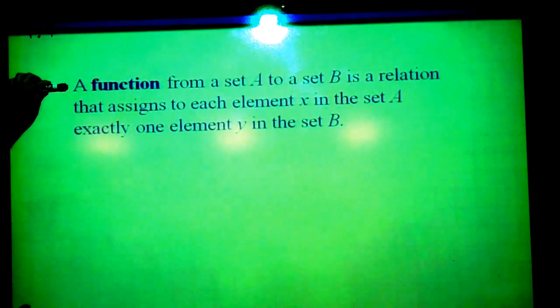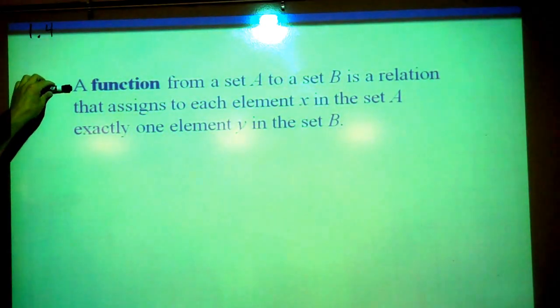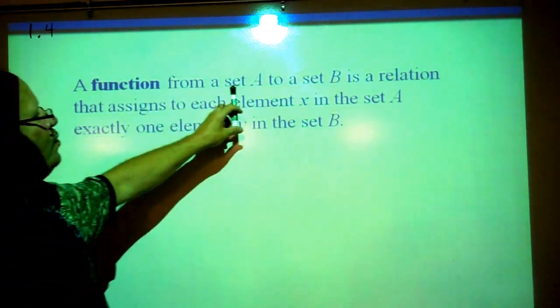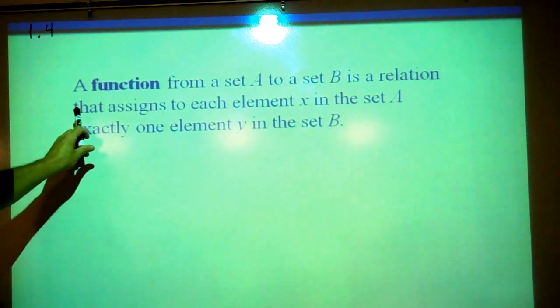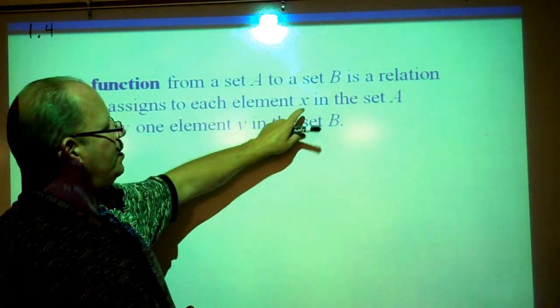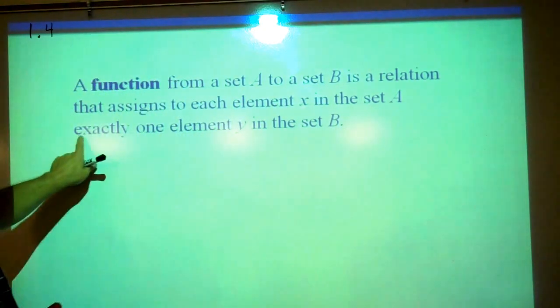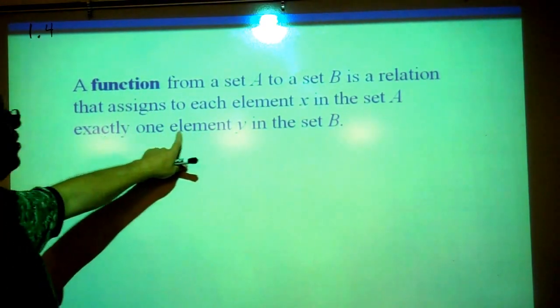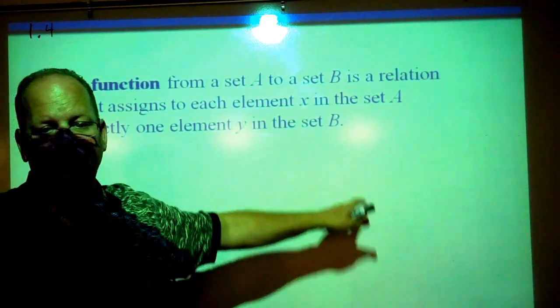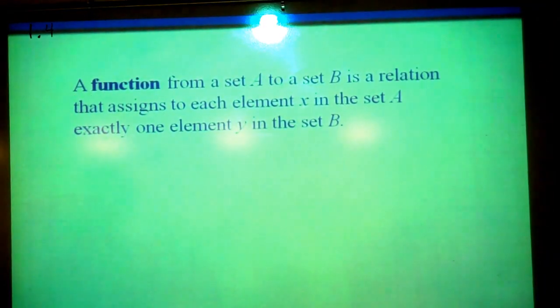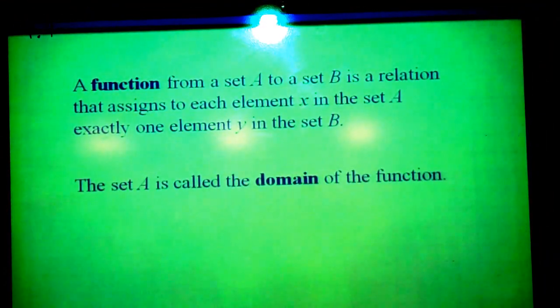So a function, the thing that makes it unique, is that it goes from A to B in such a way that every element, every x in the set A is only used once as a y in the set B. That sounds very confusing, but look at it this way.